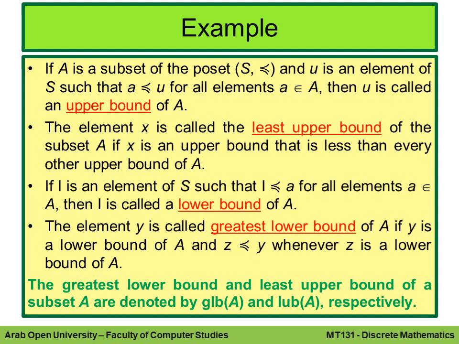The greatest lower bound and least upper bound of a subset A are denoted by GLB for greatest lower bound, LUB for least upper bound. But we will look at an example. All of these elements depend on how the partial order is defined.